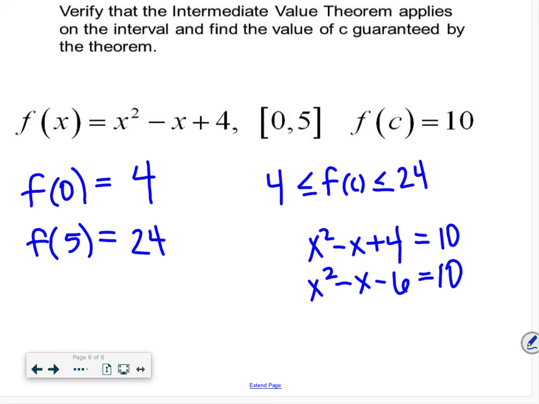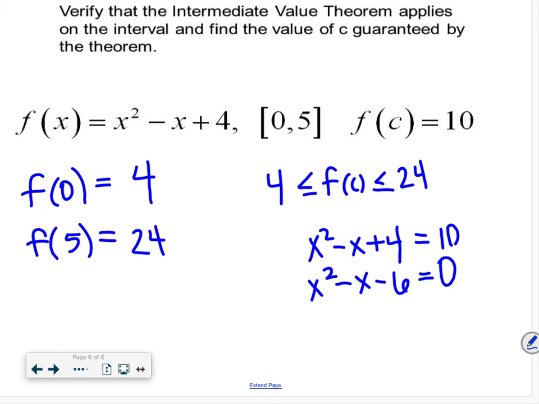Wait, you mean x squared minus x plus 6 equals 0? That's right, I moved the 10 over. For the inequality, shouldn't it be 0 to 5? Well, I'm talking about f of c, so I'm talking about the height. Yeah, got it.